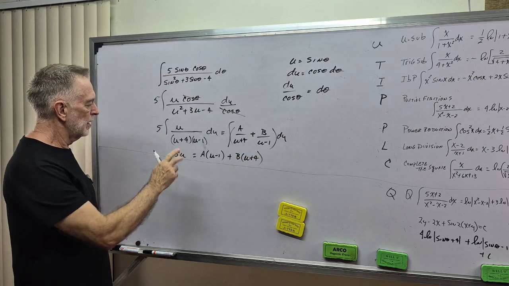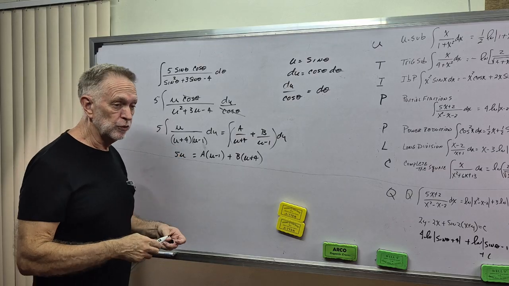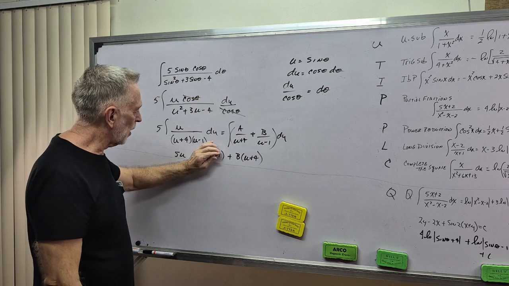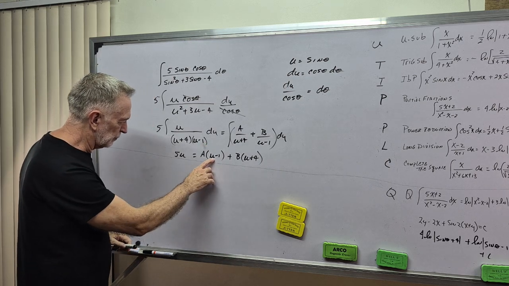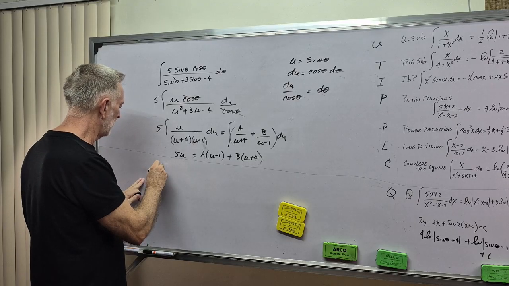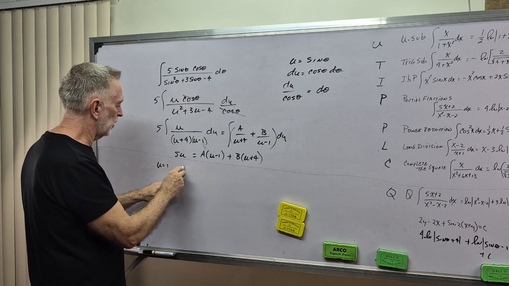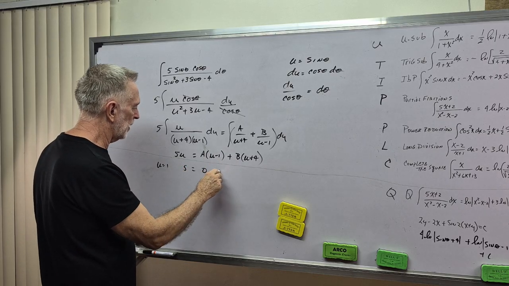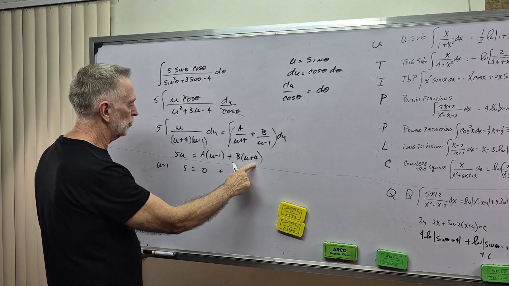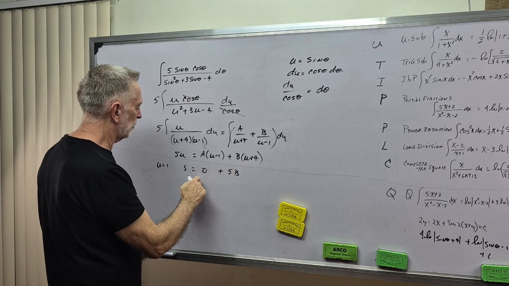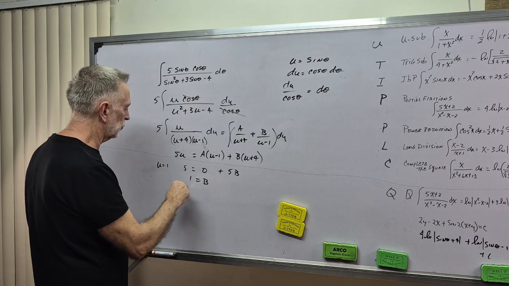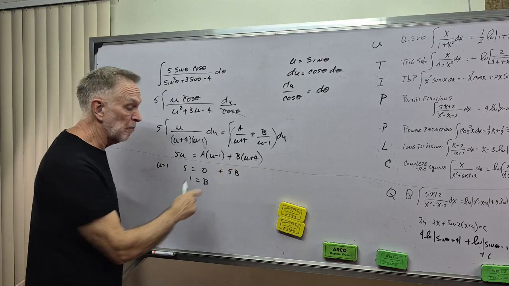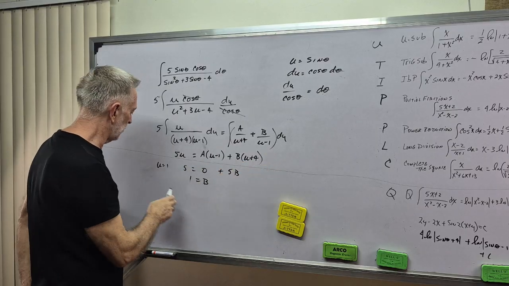Now we're just choosing numbers for u in an attempt to wipe out a piece of this. If I let u equal 1, 5 times 1 is 5. 1 minus 1 is 0, so this all wipes out, plus 1 plus 4 is 5. So I have 5b equals 5, so b equals 1. Now let u equal minus 4, and we'll wipe out the other one.